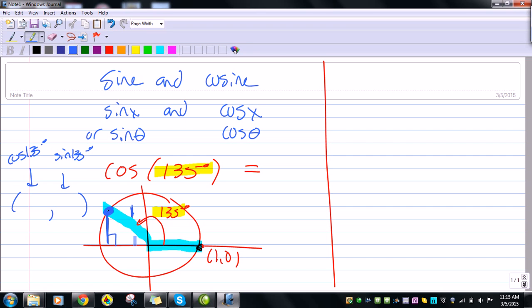Another way to think about it is, well, here's 90, plus this would be another 45, and then that would make another 45 here to make that 90 degrees for this quadrant. So any way you slice it, that reference angle, which I need for my reference triangle, is 45. So I got a 45, 45, 90 triangle. Bam. Now, most of the problems we've done so far have pertained to 30, 60, 90 triangles.